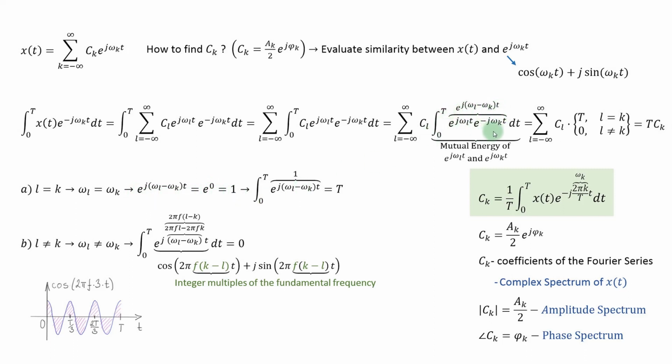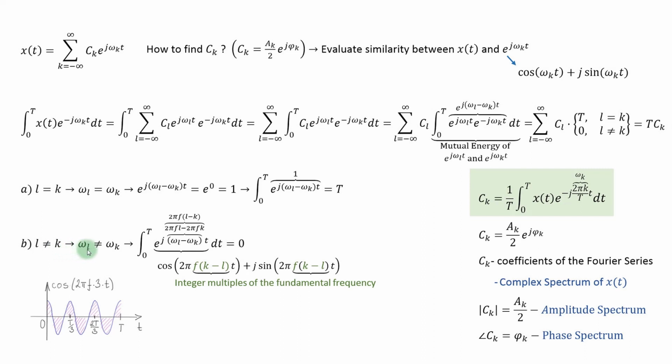The product of these two exponentials is equal to 1. And that means that this entire integral is just integrating number 1 in the interval from 0 to T. That makes its value equal to T. So when L is equal to k, the value of this integral is T. Now let's take a look at a slightly less trivial case where L is different from k.